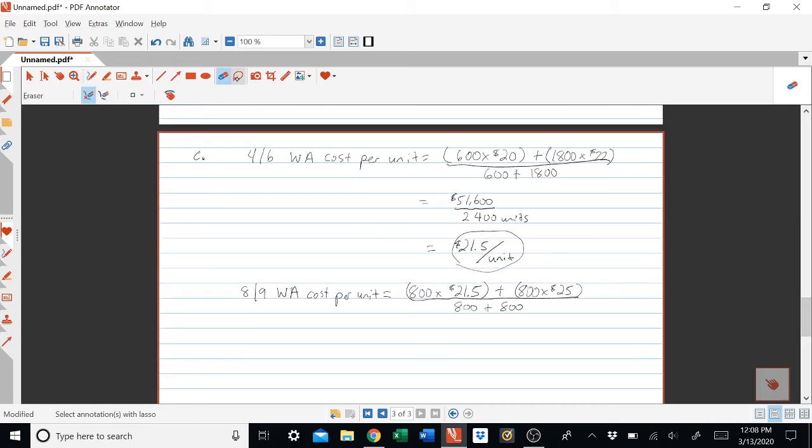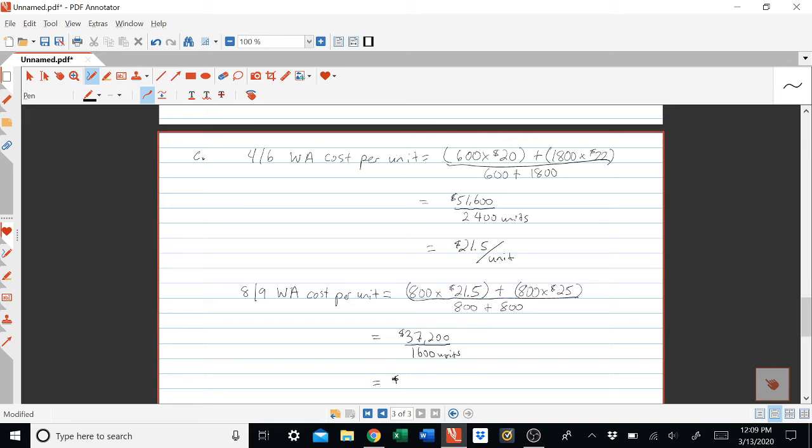That's where students mess up. They would put like a 22, the $22 right here. But you got to put this. This is the weighted average cost that's attached to all these units. Doing this calculation gives us $37,200 in the numerator. Of course, 1,600 units in the denominator.